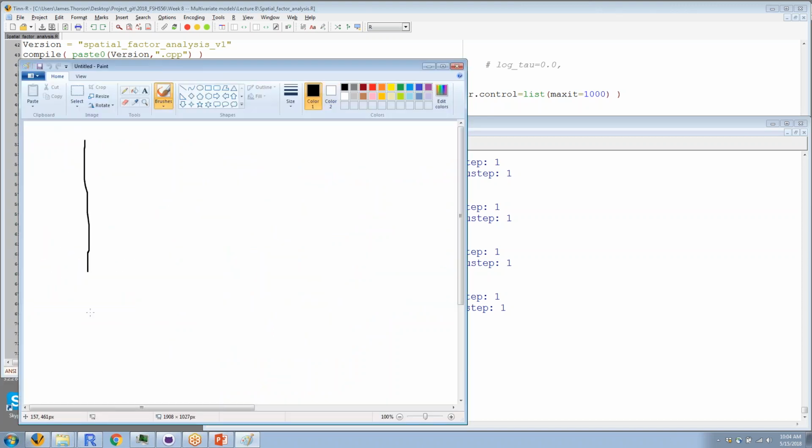a scree plot is the variance for each factor on the y-axis and the factor number on the x-axis. If you fit it with a lot of factors, it'll often look like this, where it declines quickly and then hits a bottom.